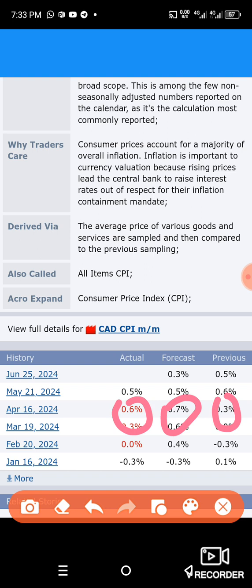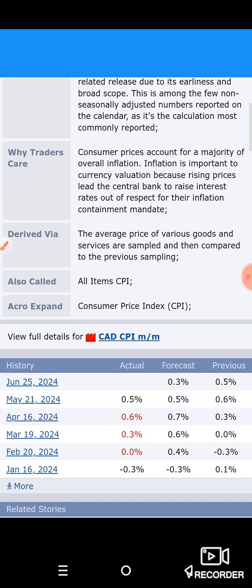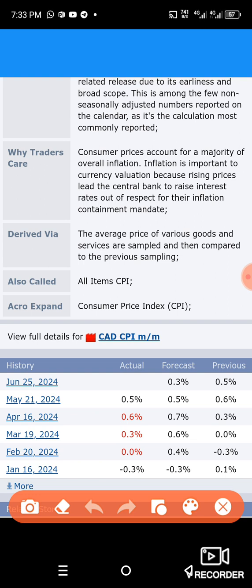Then that weakness is what comes on this May 21, which is this one. You can see forecast, actual, you see actual 0.5, forecast 0.5, previous 0.6.